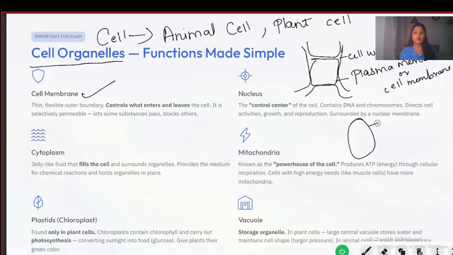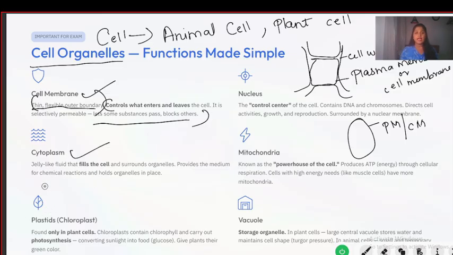The outer covering is the plasma membrane, also called the cell membrane. It is a thin, flexible outer boundary that controls what enters and leaves the cell. It is selectively permeable, letting some substances pass and blocking others. It will not allow all components to move inside and all components from the cell to come out. It will select, so it is called a selectively permeable membrane.